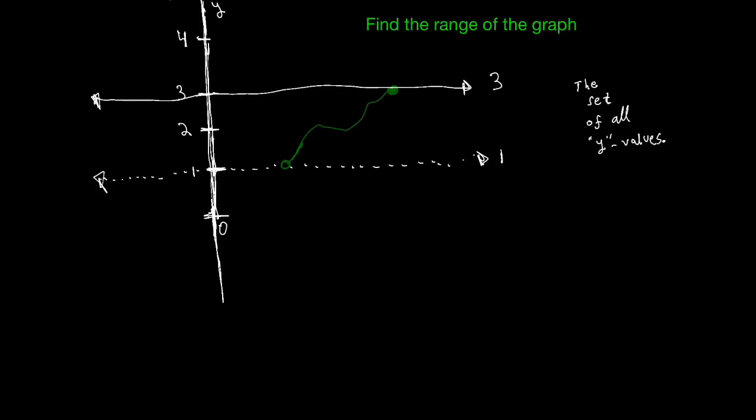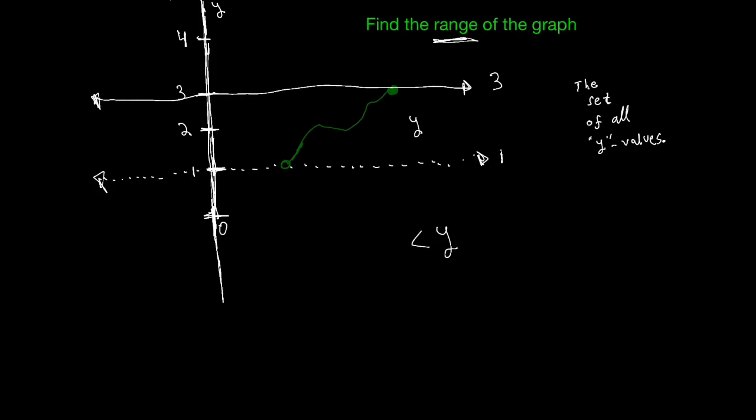So again, I want to emphasize that the range is the set of all y values. So here we can think about any general y being squeezed between 1 and 3. So here we can rewrite this as, well, y is going to be in the middle.